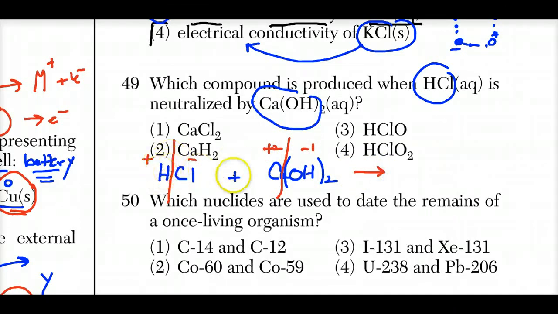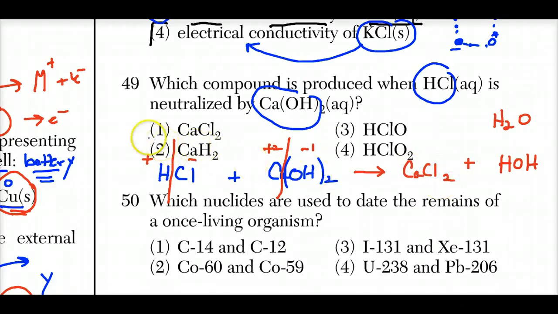The H plus from the acid hooks up with the hydroxide to make HOH, or water. However you want to write that, this is acceptable. And of course, the calcium +2 will attract the chlorides and make calcium chloride.